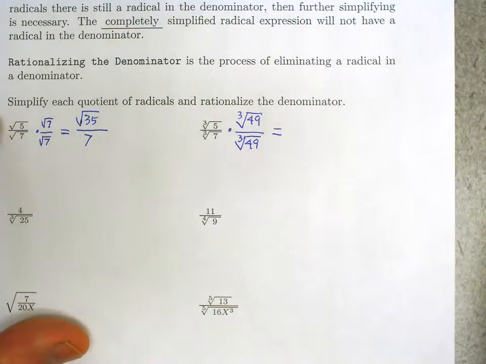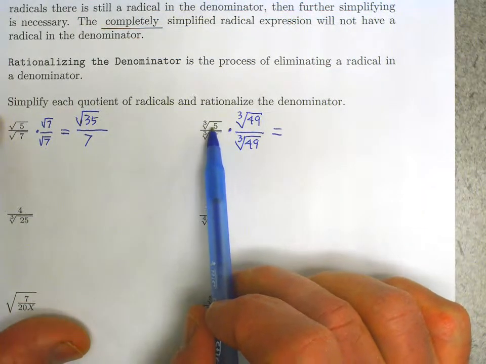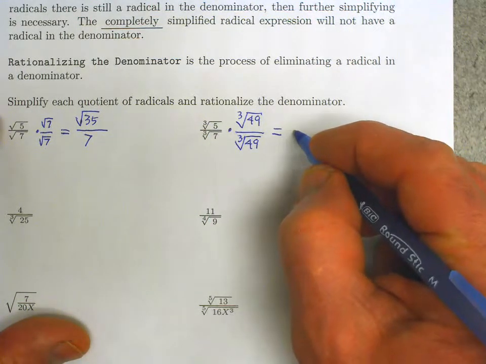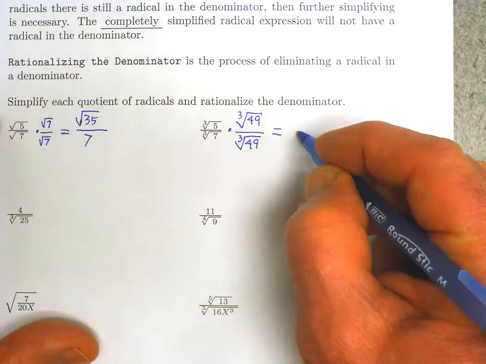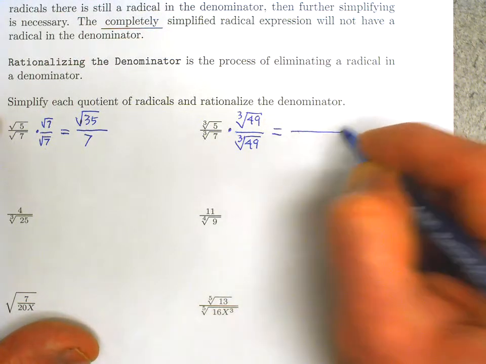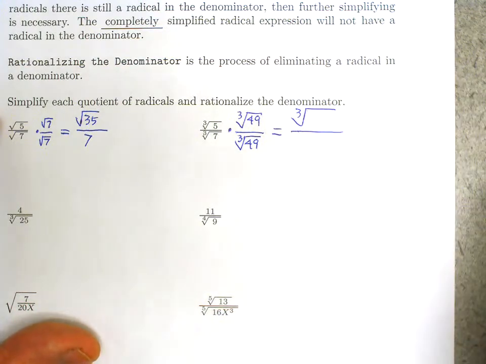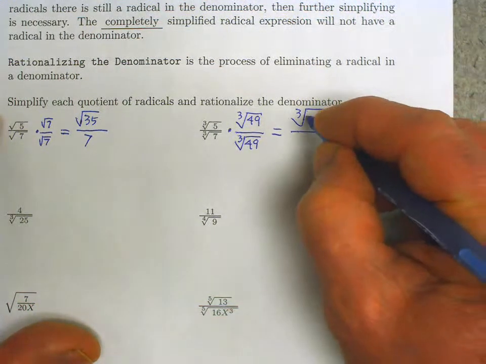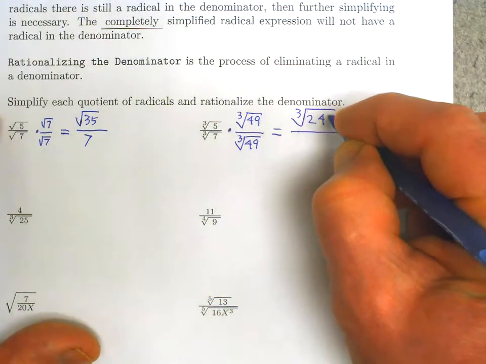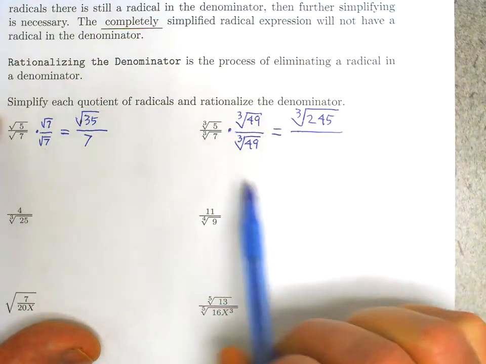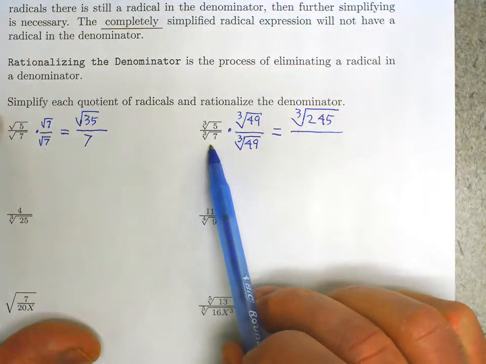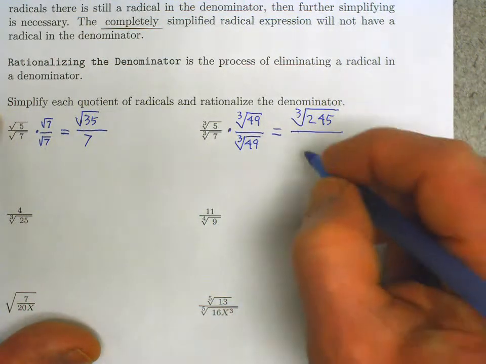So in the numerator, we multiply these two numerators. The cubed root of 5 times the cubed root of 49 is the cubed root of 245. And in the denominator, the cubed root of 7 times the cubed root of 49.